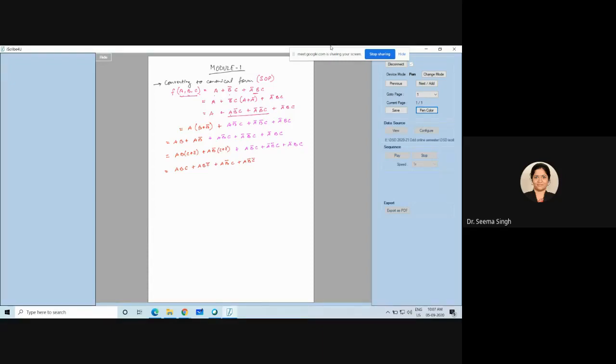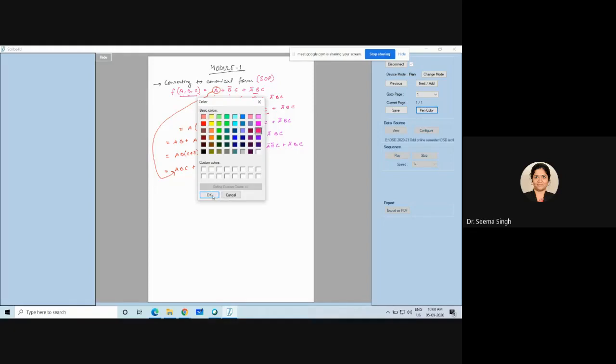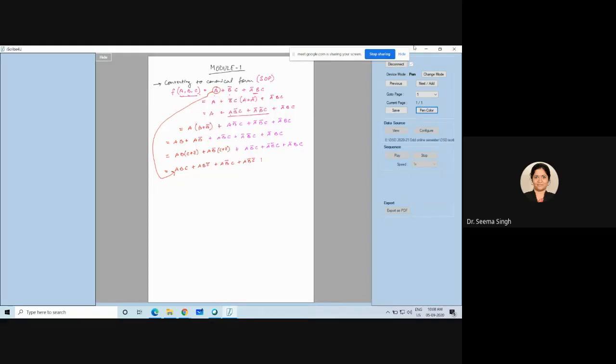So these four terms have originated from this A. This A has given me these four terms, and the rest are all the same. So I will copy it again: A, B bar, C.